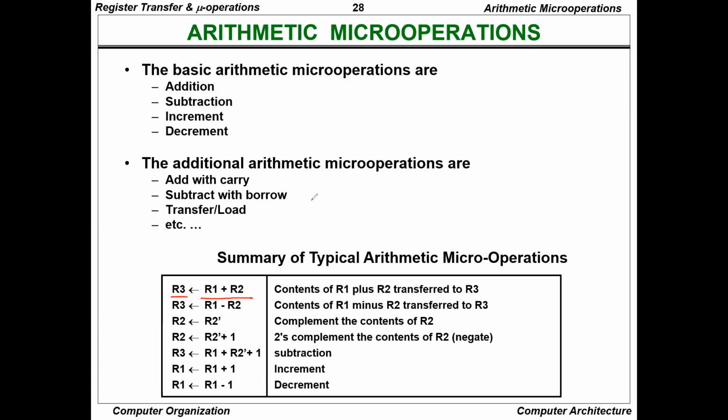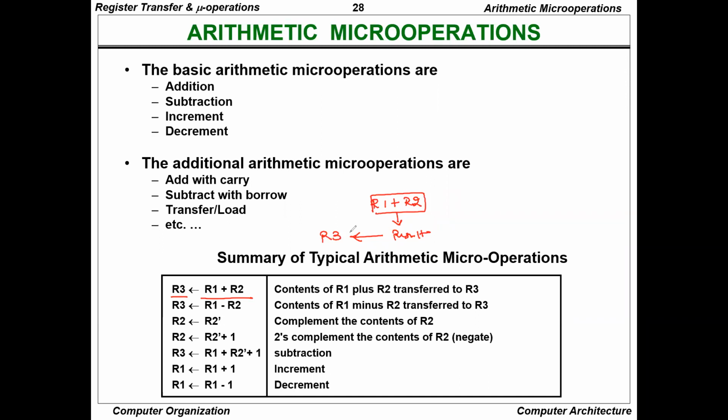This one is quite easy. This says that we need to apply addition to the contents of R1 plus R2. Then whatever is the result, that result will be transferred into R3.